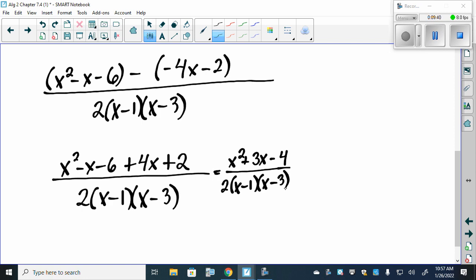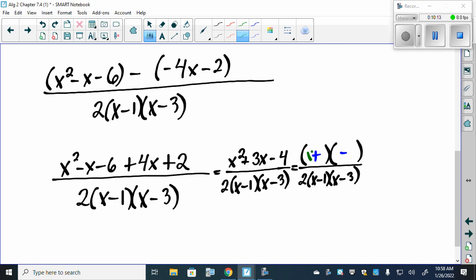Now, any questions on anything we've done so far? Can we factor the numerator? Most likely. Two sets of parentheses. Now, since the 4 is negative, our signs are actually going to be the opposite.